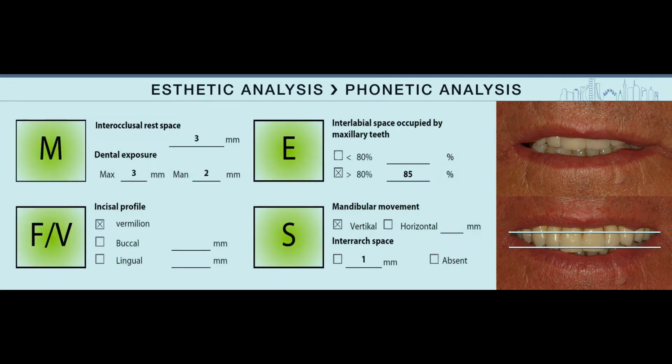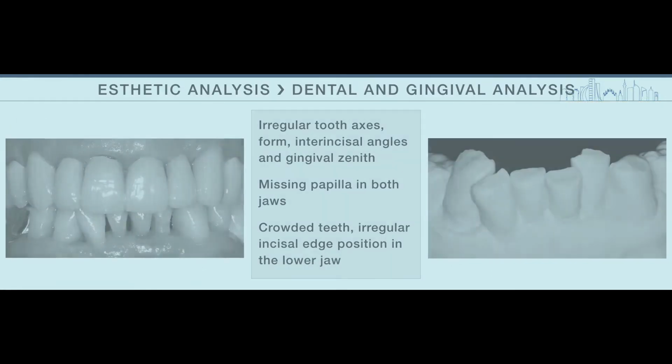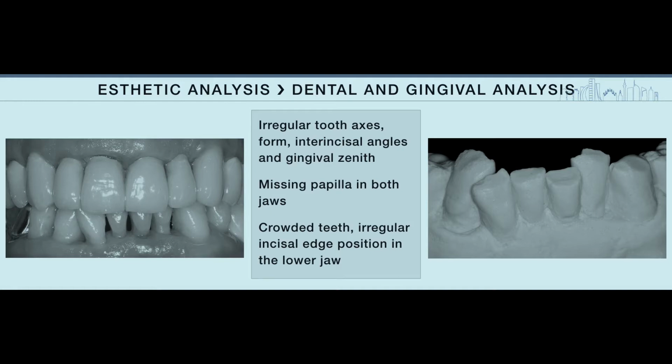You will be able to see them at a later time point, but the main thing is that we have irregular tooth axis. The form was irregular. We have interincisal angles that also were irregular, as well as the gingival zenith. We have missing papillas in both jaws, and of course, we have crowded teeth and irregular incisal edge position in the lower jaw.